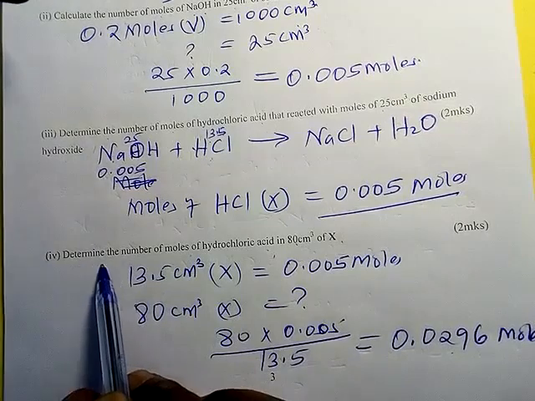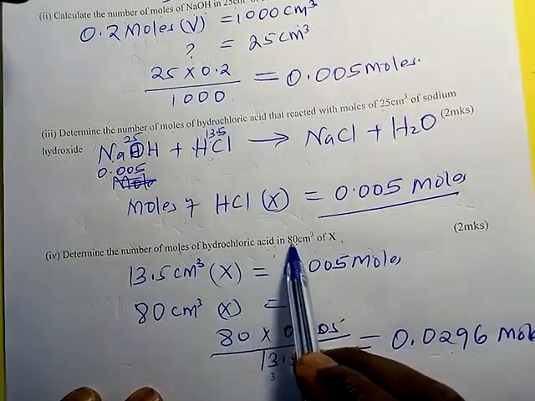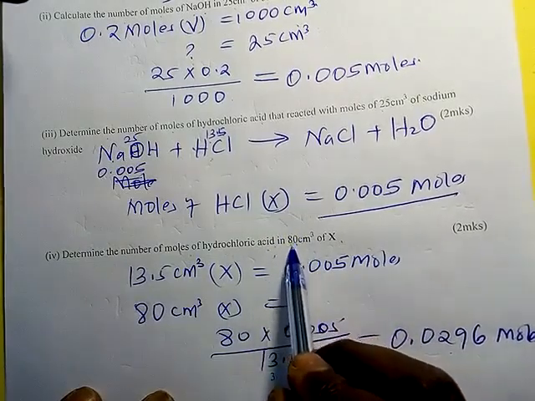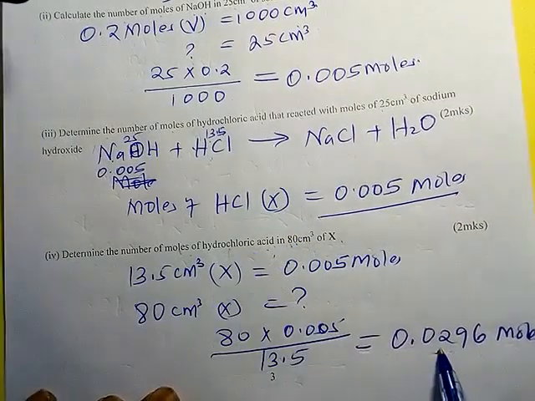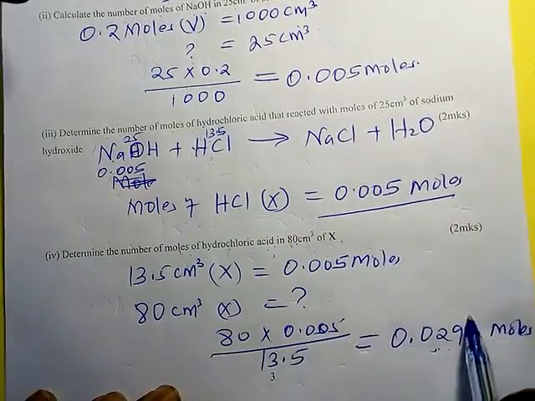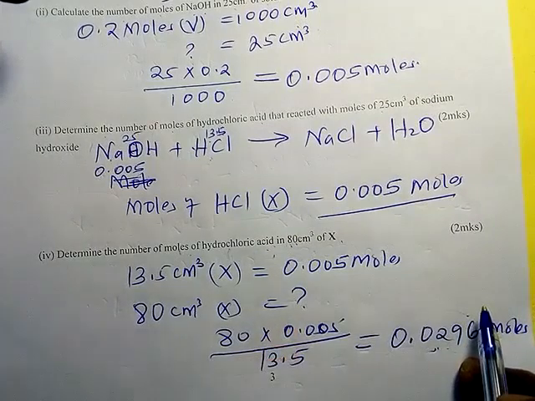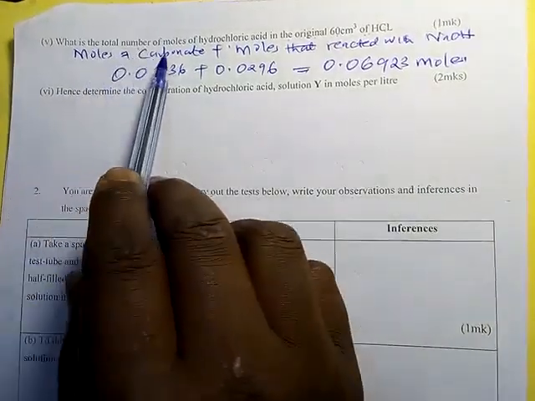Here we have the number of moles of hydrochloric acid after adding 20 centimeters cube of distilled water. So the total volume reached 80. Therefore, the moles of that HCl is this. So for us to get the total, we add this and the moles of HCl that reacted with the carbonate to get the total moles of HCl. That's what we have done here.